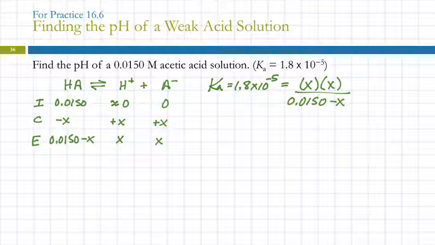Now, if we think about this one compared to the one we just did, is this more or less likely to be X is small approximation friendly? Less. The reason it's less is our Ka is smaller.